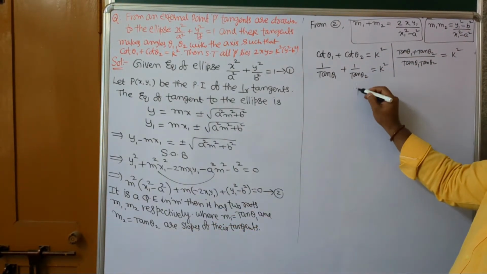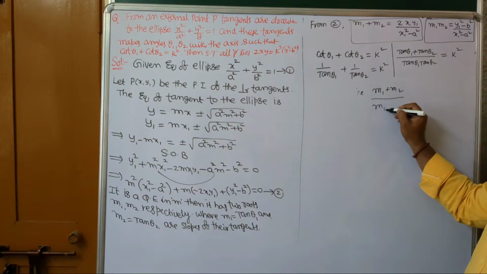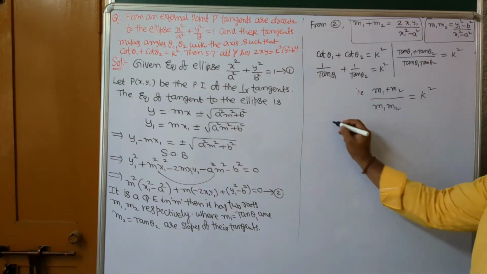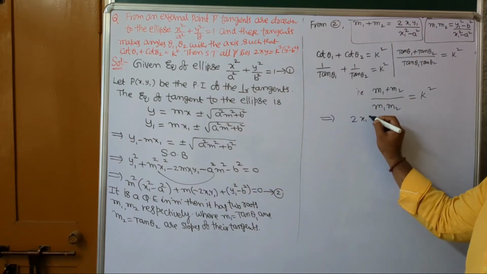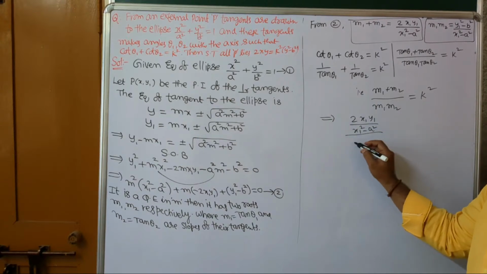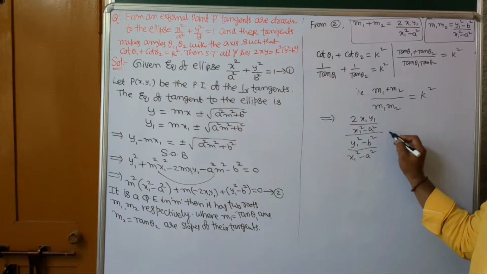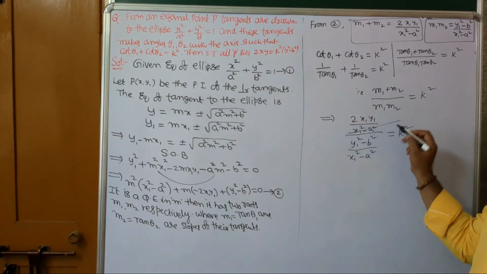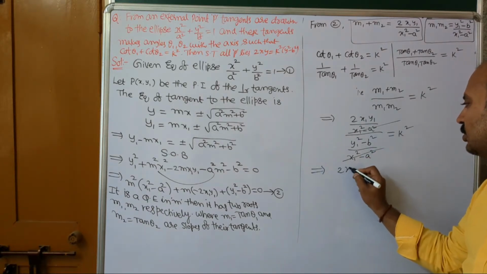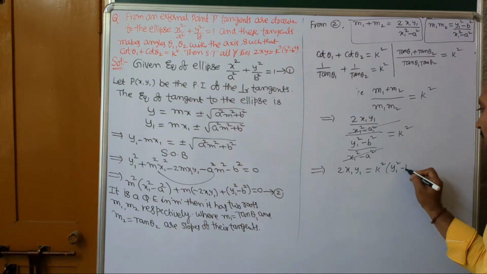So that is m1 plus m2 by m1 m2 is equal to k square. m1 plus m2, m1 m2, both values we have here. Substitute: 2x1 y1 divided by x1 square minus a square, by y1 square minus b square by x1 square minus a square, equal to k square. So x1 square minus a square will cancel. The rest of the terms: 2x1 y1 is equal to k square into y1 square minus b square.